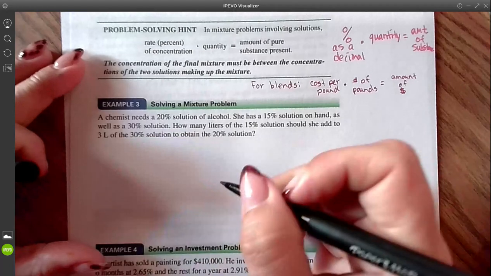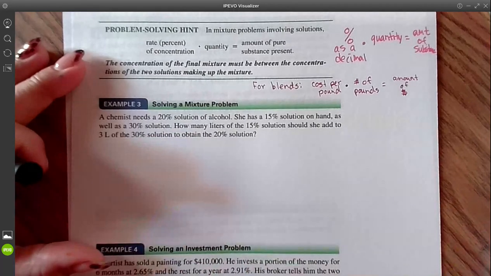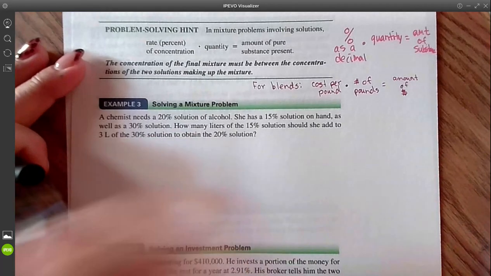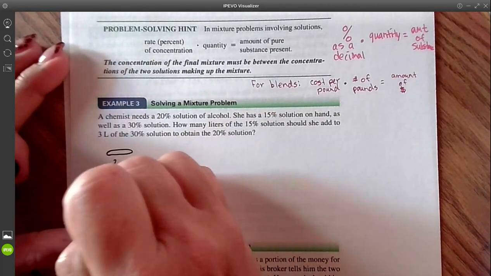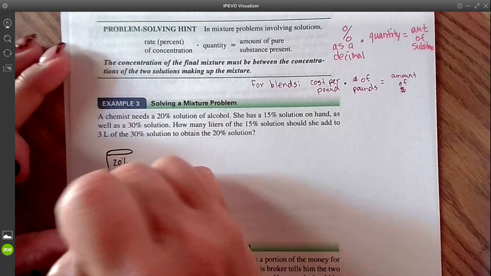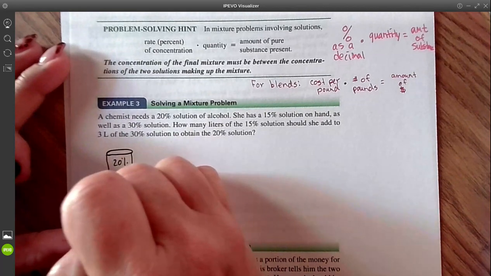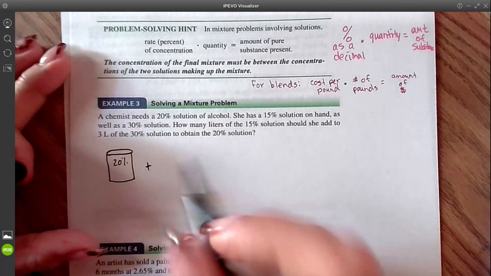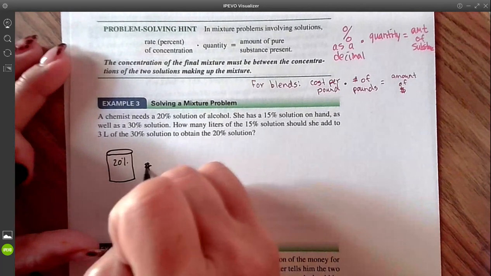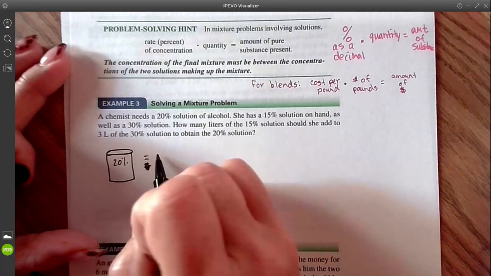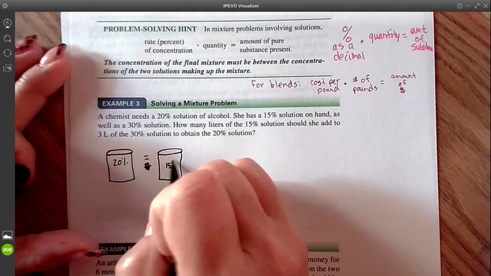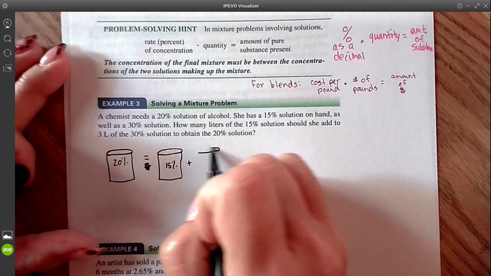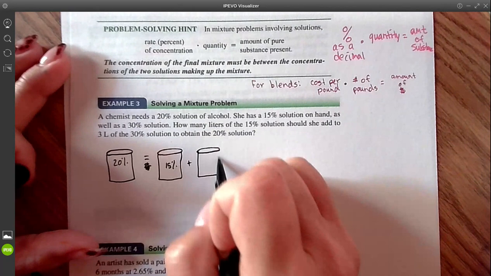Let's see. I think I might want to draw a picture first and then maybe put that into a diagram. She needs a 20% solution. That's our equal to side. She's going to be adding a 15% solution and a 30% solution.